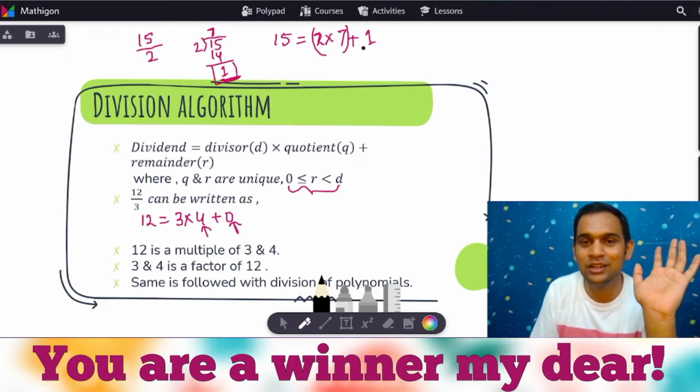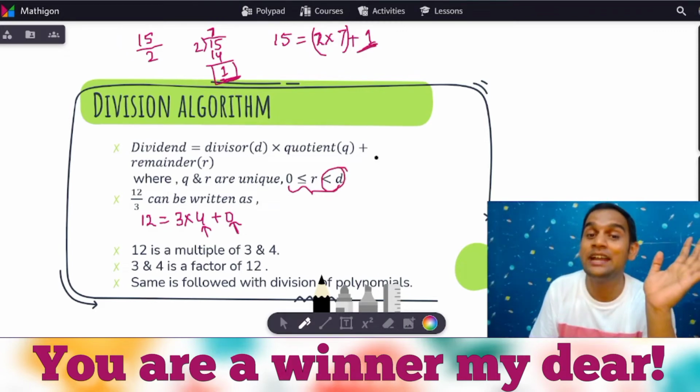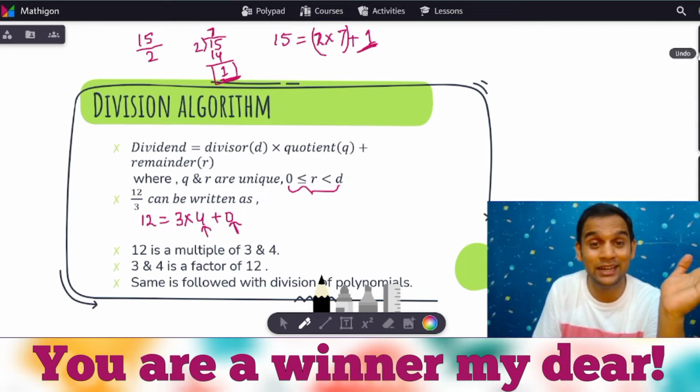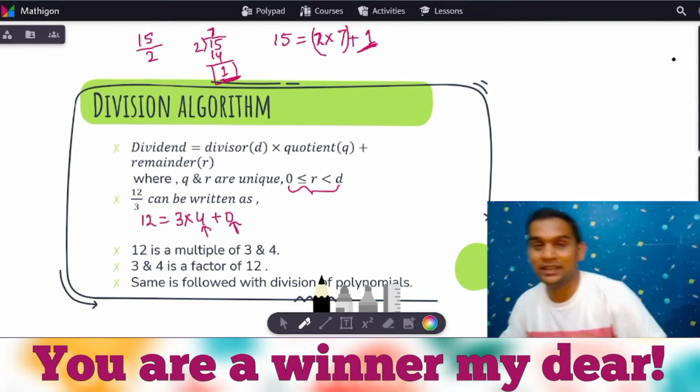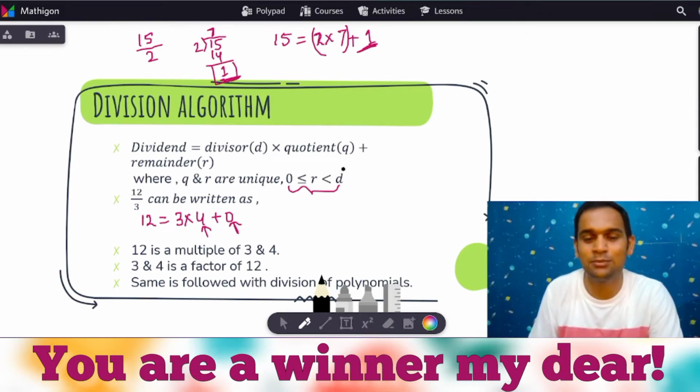Here we got 1, which is obviously greater than 0. Now, what does this mean? It should be less than the divisor. This type of statement is called an inequality, which will be used again and again in our discussions as we go to higher and higher classes. So we must be a little better with that, and that's why I'm taking a little more time.